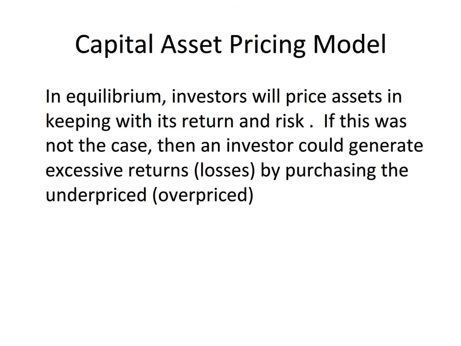The capital asset pricing model simply builds into it that in equilibrium, investors will price assets in keeping with their returns and risk. And if that weren't the case, individuals could go out and buy underpriced assets and generate excessive returns and vice versa. And again, in equilibrium, we wouldn't expect that to happen. And again, CAPM will be discussed in our next module.